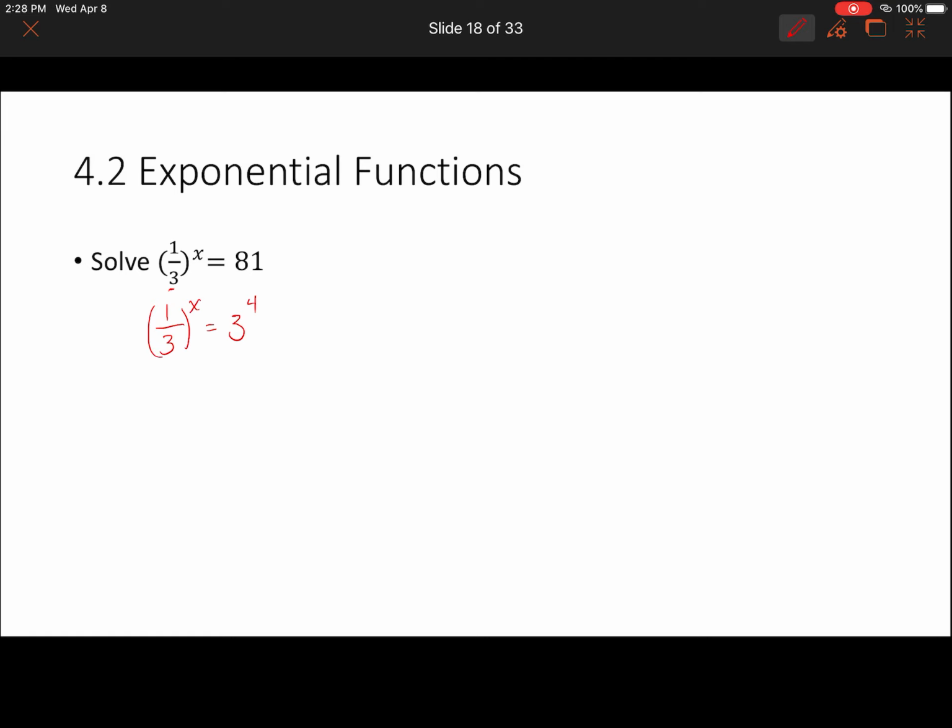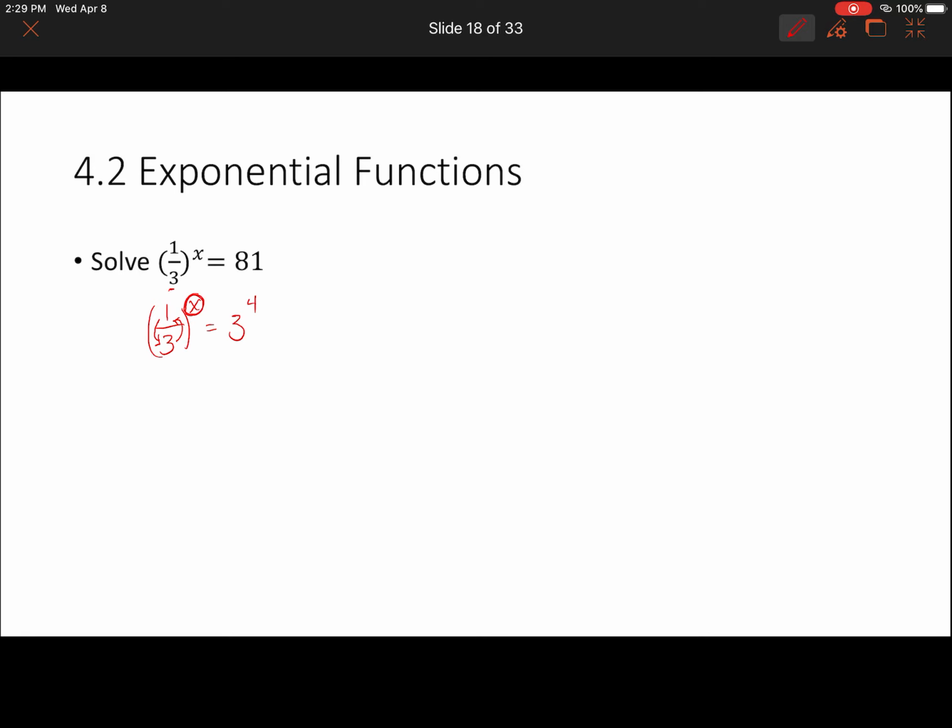We're getting that 3 to be our base. And there's an exponent rule that says that if you have a fraction raised to a power, if you flip what's inside the parentheses, that's going to change the exponent sign. So the sign of this number will change.